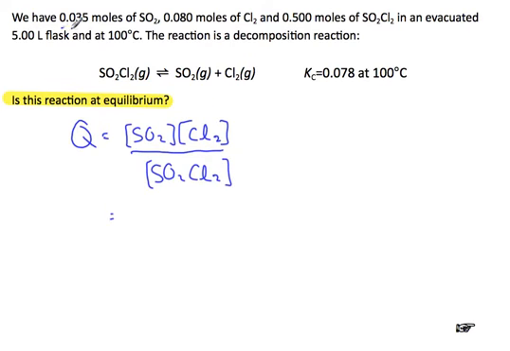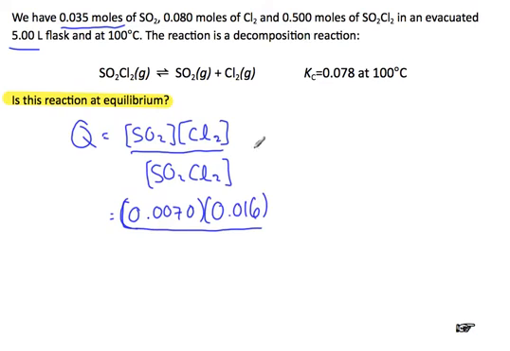Now, don't forget, 0.035 moles in 5 liters, so we have to do a mole calculation there. 0.035 divided by 5 is 0.0070 molar SO2. 0.080 moles of Cl2 equates to 0.016 molar Cl2, and 0.500 moles of SO2Cl2 equates to 0.10 molar of the reactant.